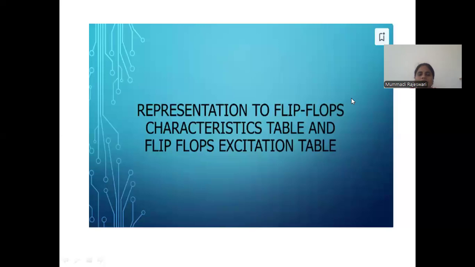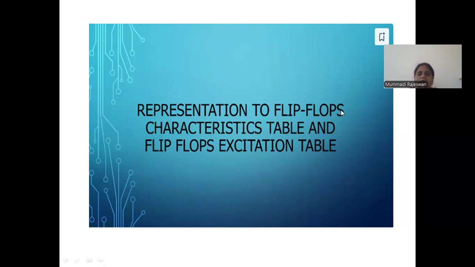Why do we go for the excitation table? In order to convert from one flip-flop to another, we require an excitation table. We can convert from SR to JK, JK to SR.